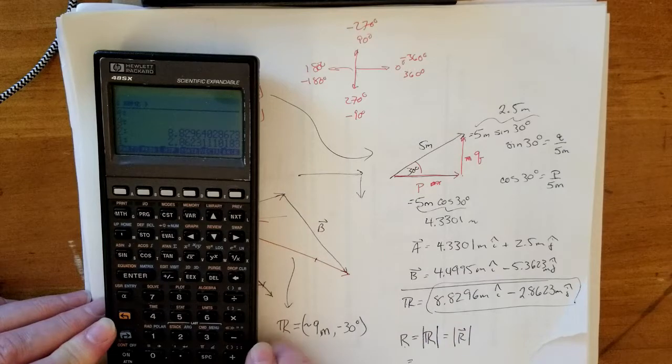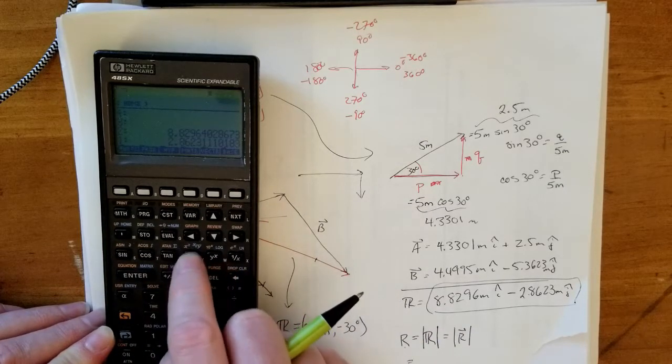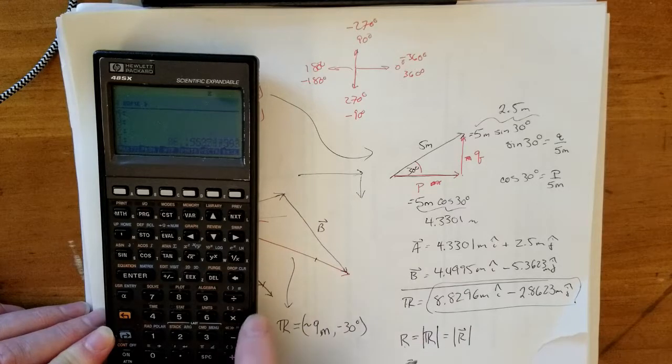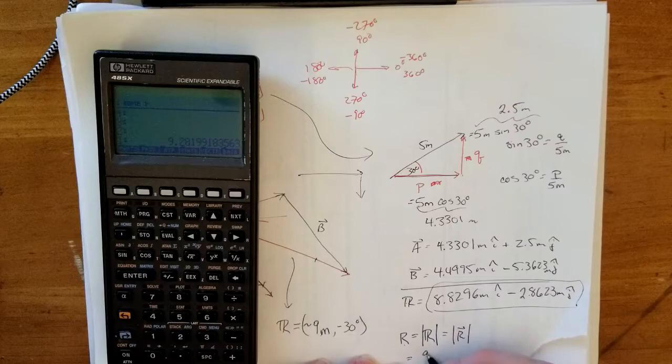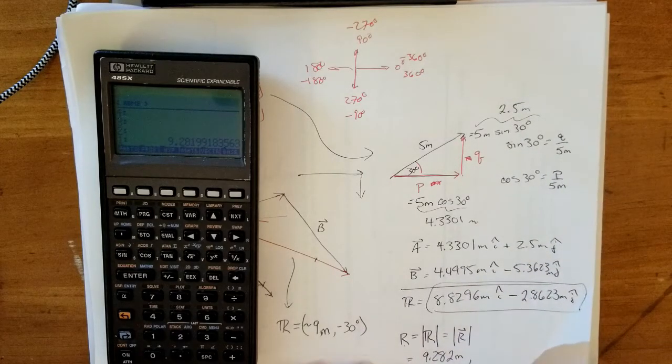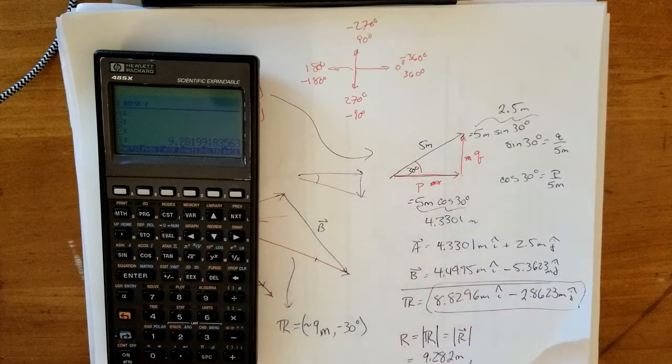So I have that squared, that squared, and I have 9.282 meters.